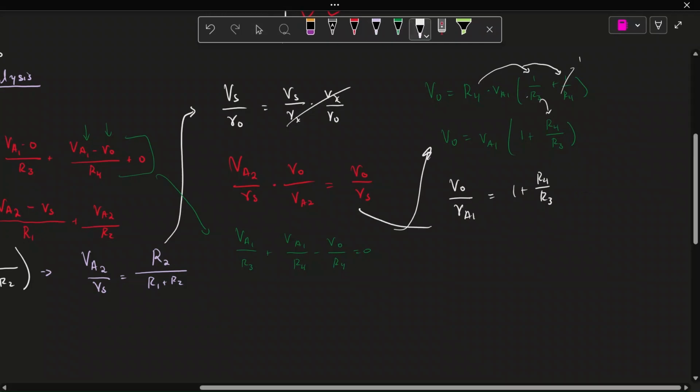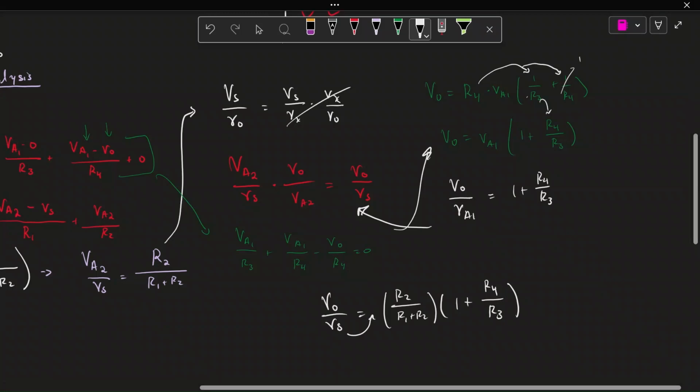Let's plug it into this equation here. V out over Vs is equal to R2 over R1 plus R2 times 1 plus R4 over R3. Now we have V out, and that's usually how you would solve it: V out is equal to the input source times some resistance.